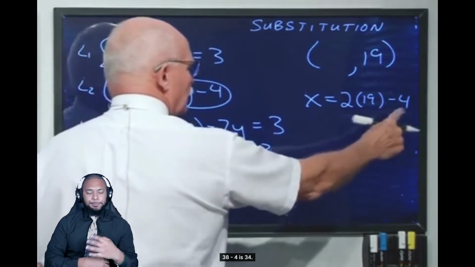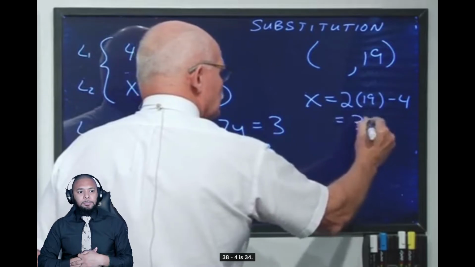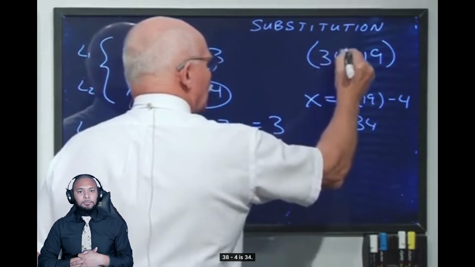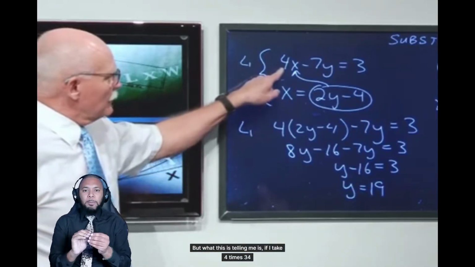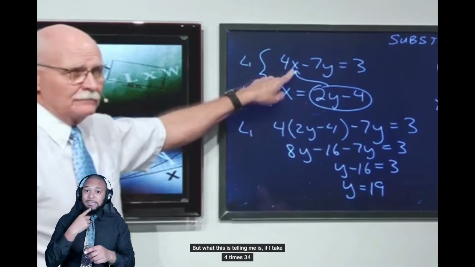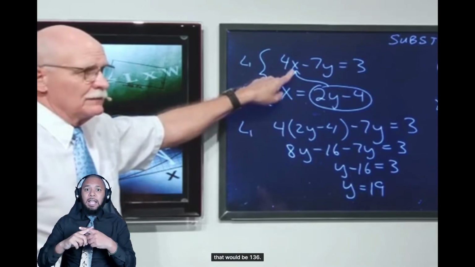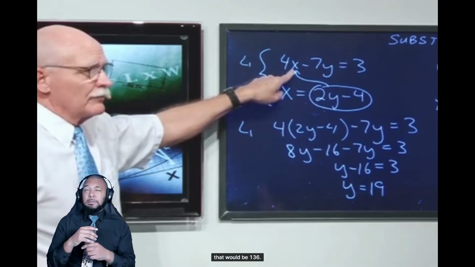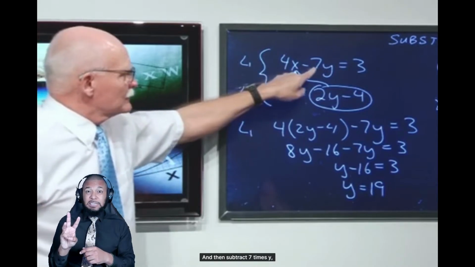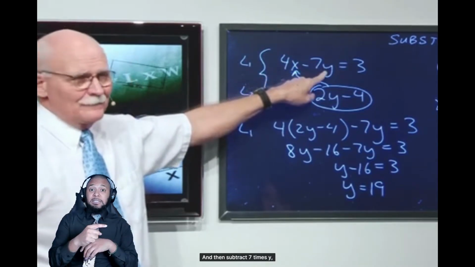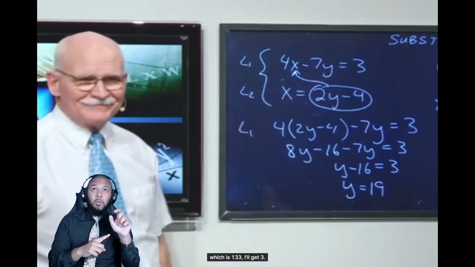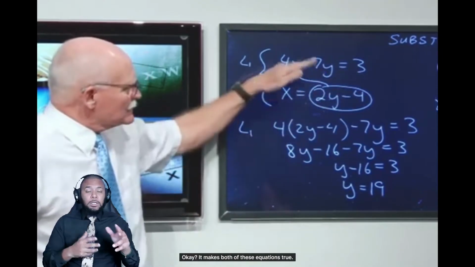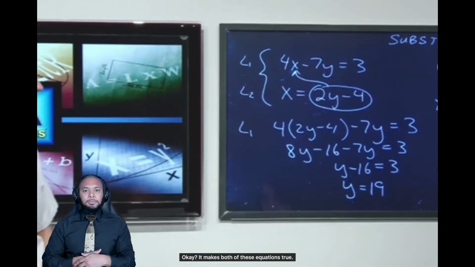So 38 minus 4 is 34. I can't believe I ended up with whole numbers. But what this is telling me is if I take 4 times 34, that would be 136, and then subtract 7 times y, which is 133, I'll get 3. Okay? It makes both of these equations true.